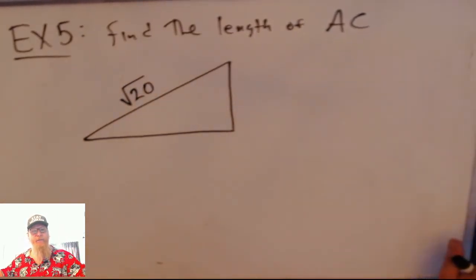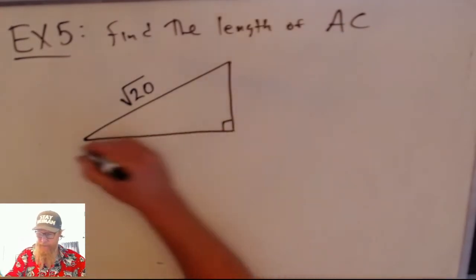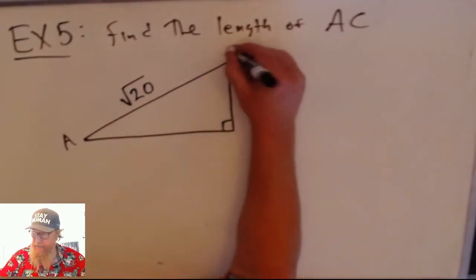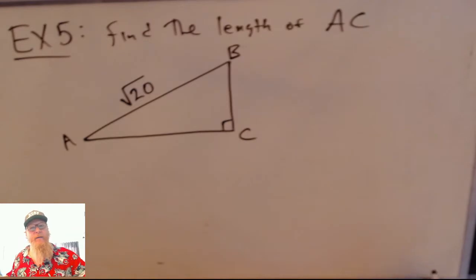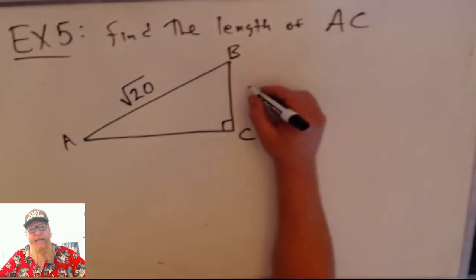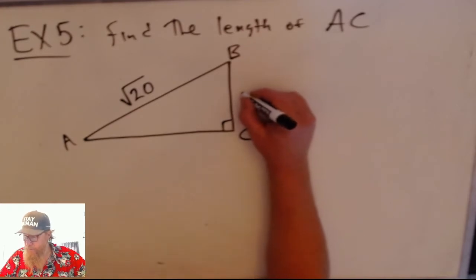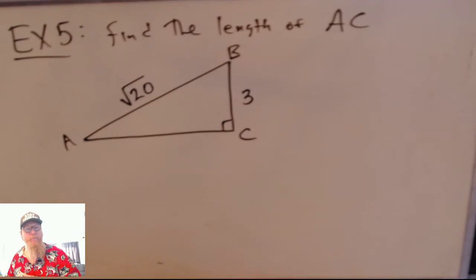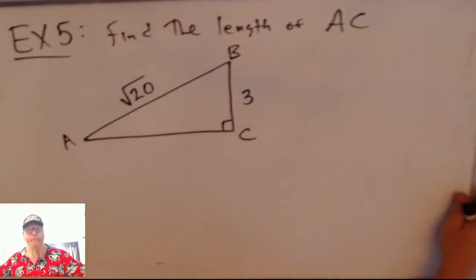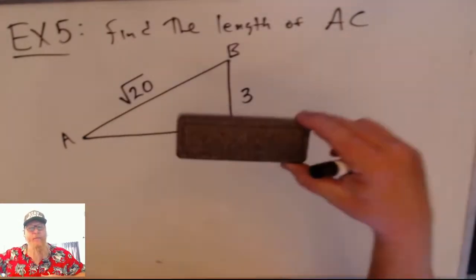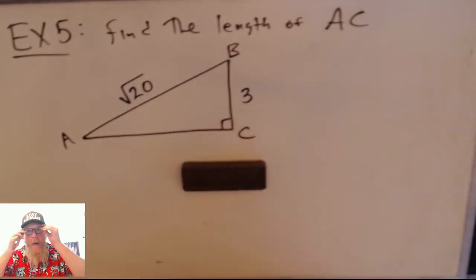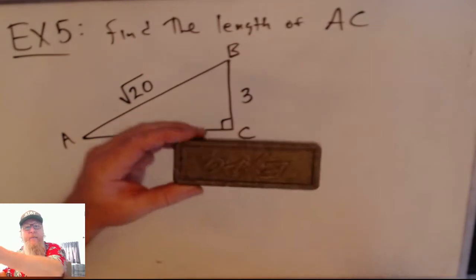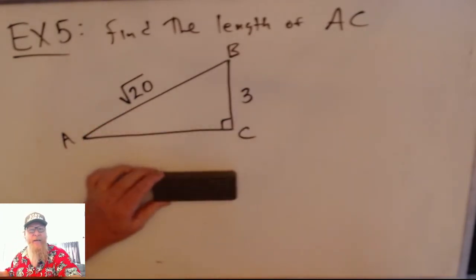And this side is 3, sorry, I was looking at the wrong number. 3. Find the length of AC and come back to me.